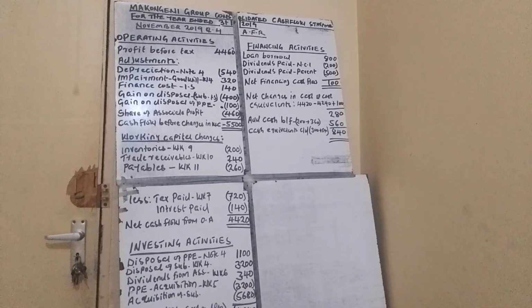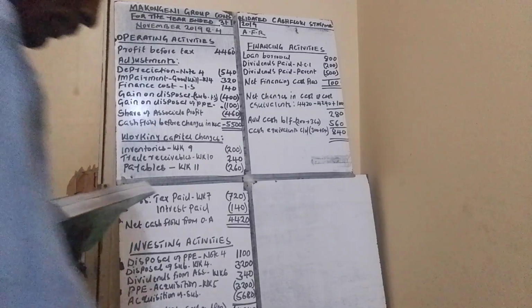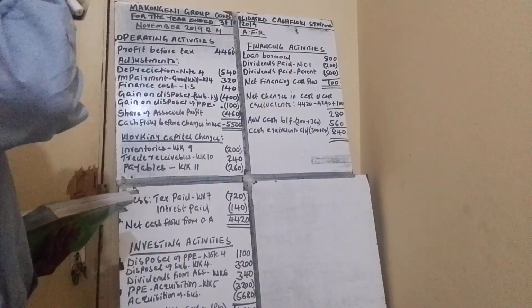Okay, you can allow me now to take you through each point as we have explained. Now we have said that when you're presenting the cash flow statements, in this case we are using the direct method.